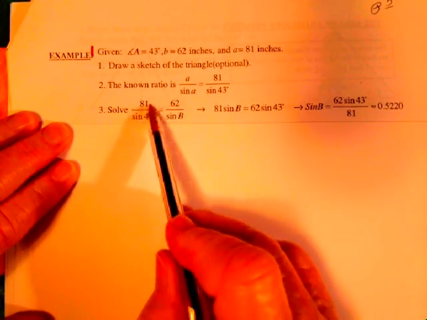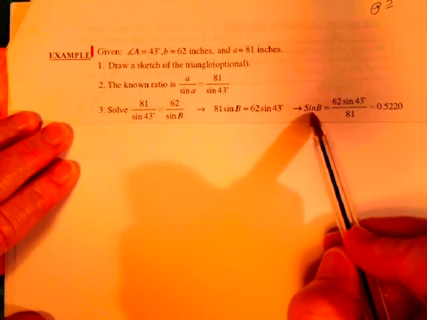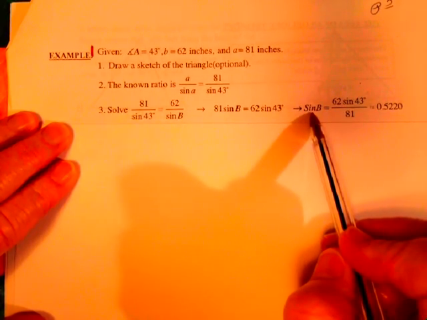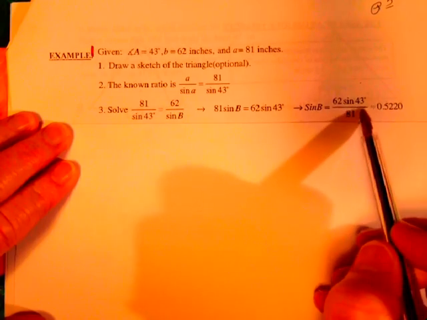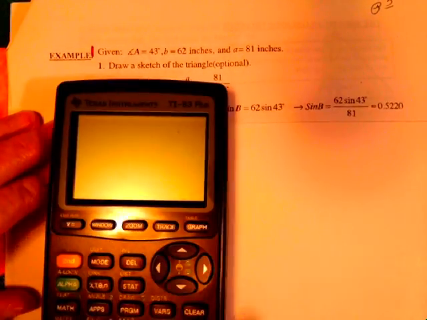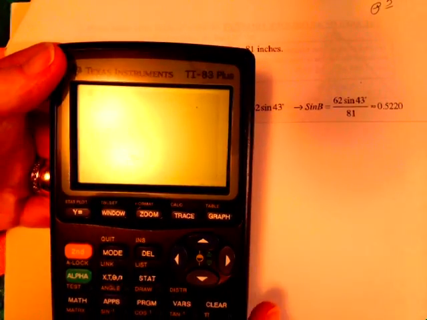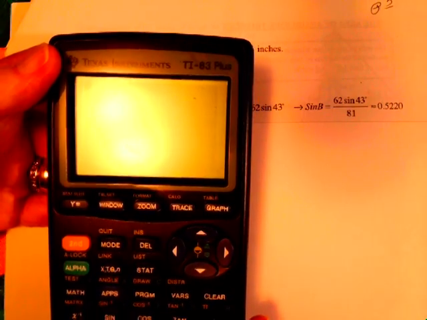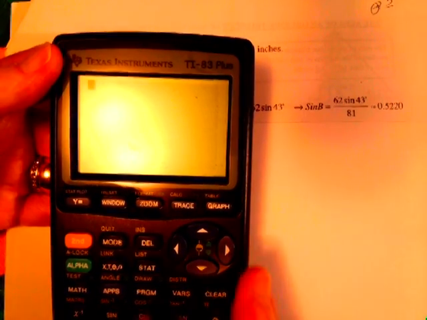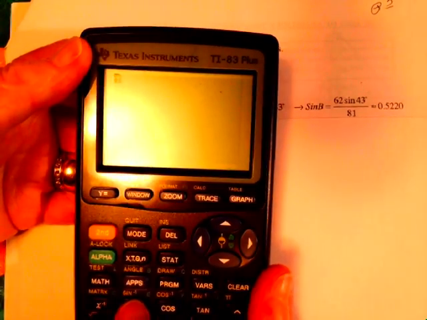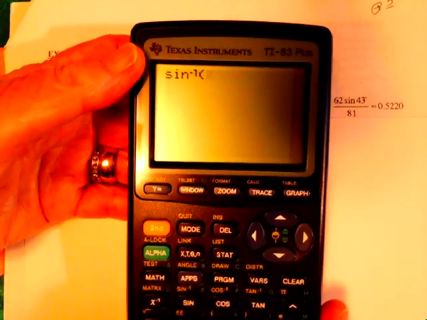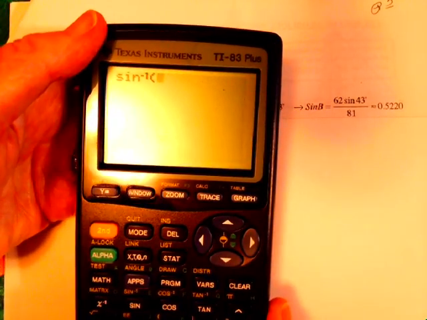Whenever I cross multiply and divide, I come out with sine of B equals 62 sine of 43 divided by 81. Now let's use our calculator to find what angle B is. So you're going to do second sine, because that's saying what angle has this sine.